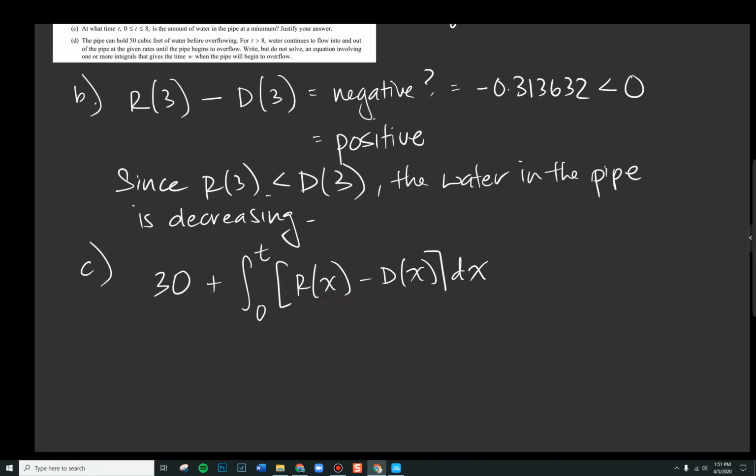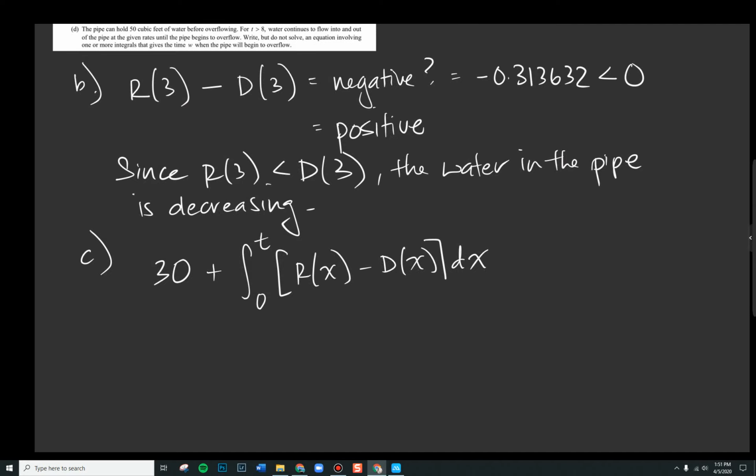Let me clarify again: this represents the amount of water in the pipe at t, given that t is somewhere between 0 and 8.